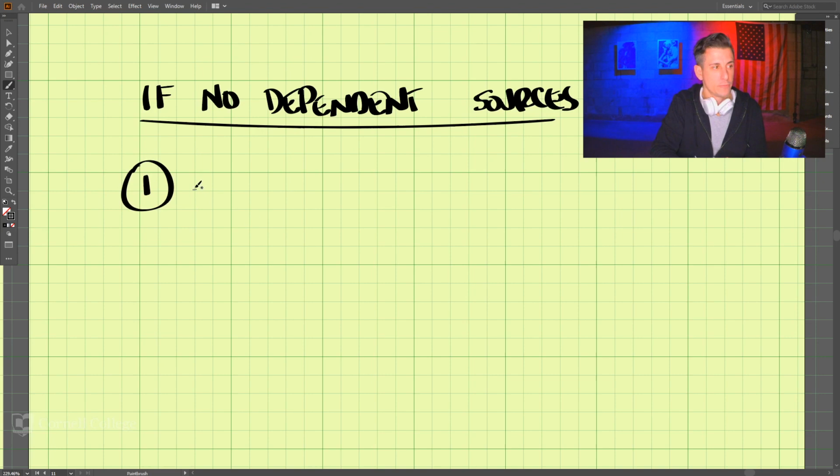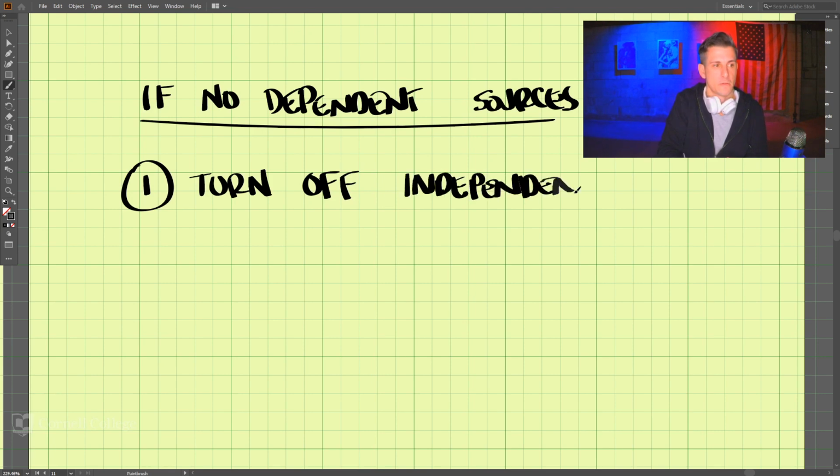Step one, we turn off the independent sources.